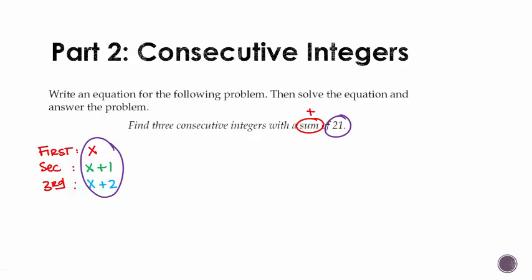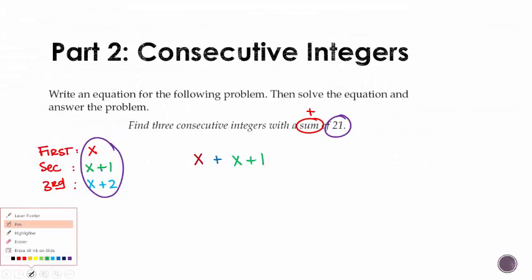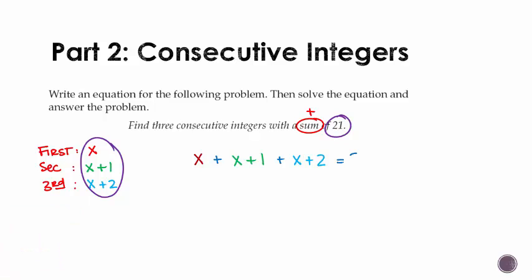And then this problem tells us that all 3 of these have to add up to 21. So we have x plus our second number, which is x plus 1, plus our third number, which is x plus 2, and this has to equal 21.